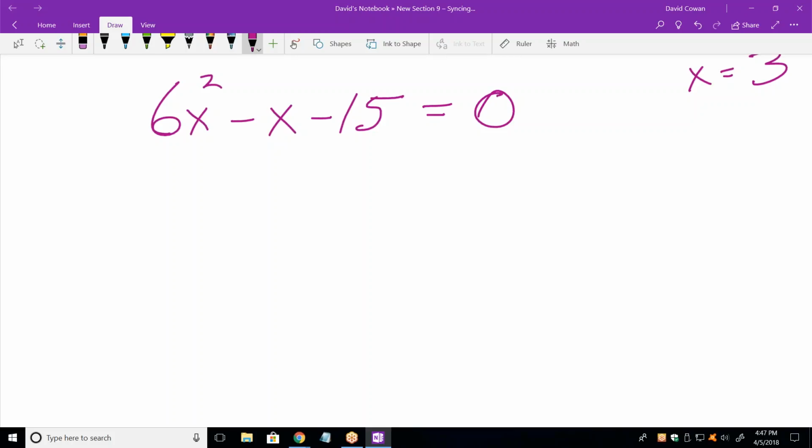No, you can't divide 15 by x. In other words, remember what the definition of greatest common factor is. You have to be able to divide every term you see by that factor evenly. Okay, it looks like 3 could be, because 3 will divide into 6 and 3 will divide into 15, but 3 won't divide into 1. So the answer is no, there is no greatest common factor.